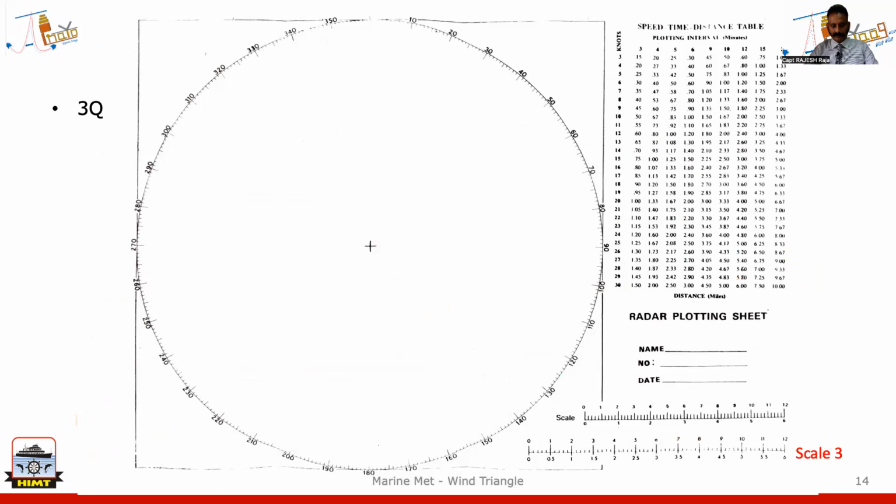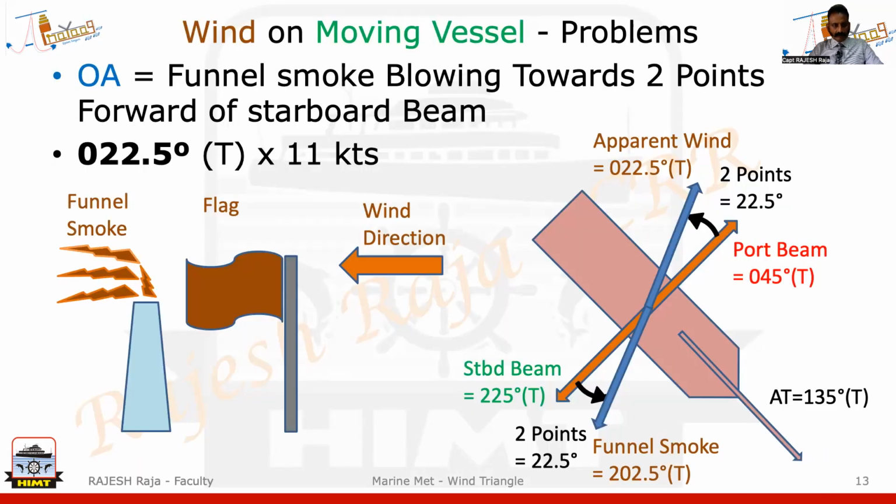Let us solve this question and I'll come back to the concept. Again, please look at the question. I was sailing in a southeasterly direction with the vessel, and the apparent wind is coming from a northeasterly direction.